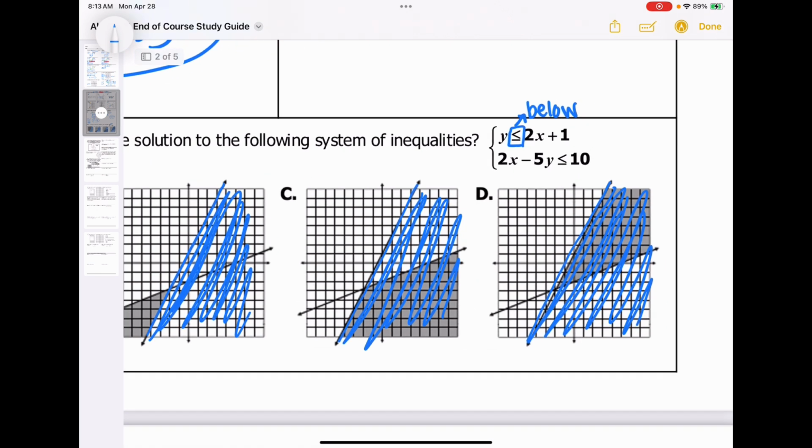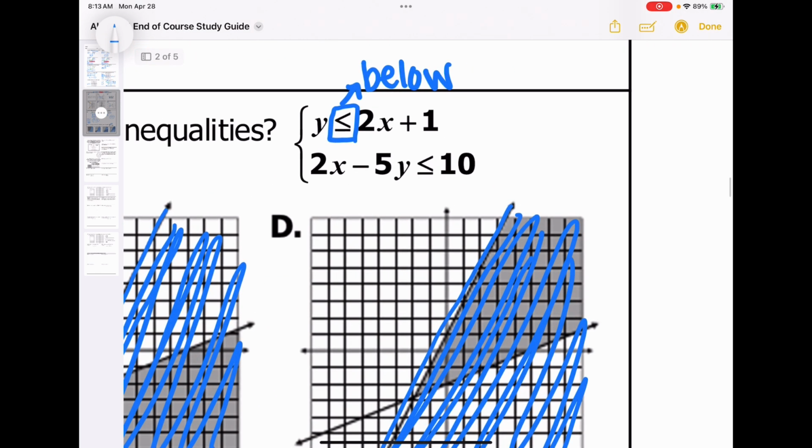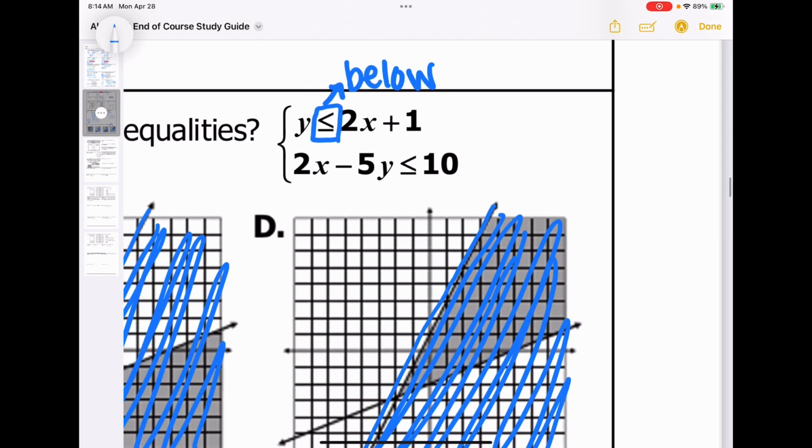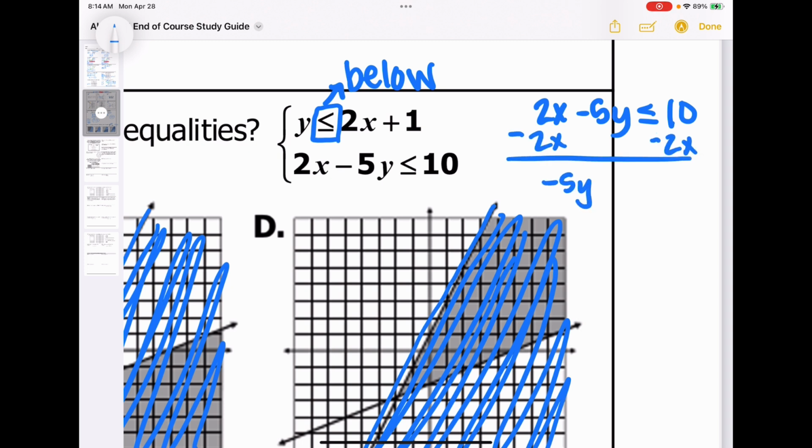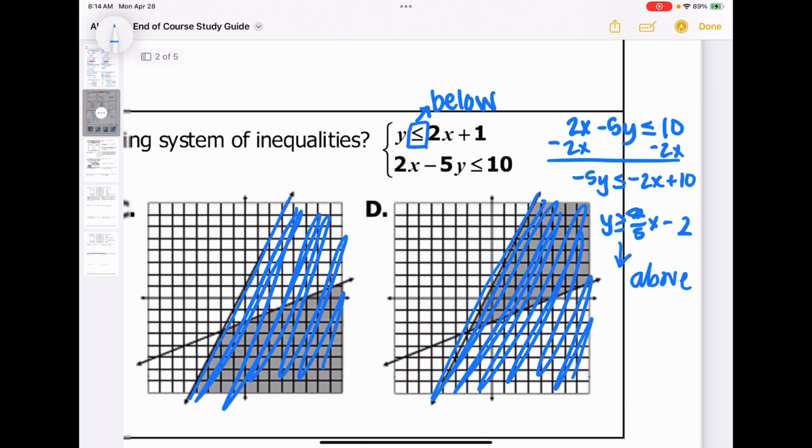Okay, so now for the second line, that equation is not written in slope-intercept form. So we need to move it to slope-intercept form. Okay, so that is greater than or equal to, so that means we're going to shade above.